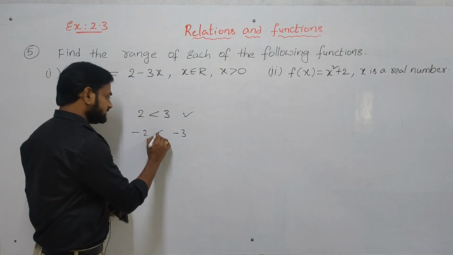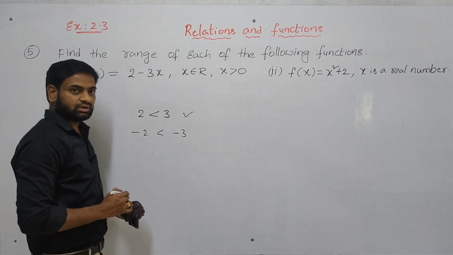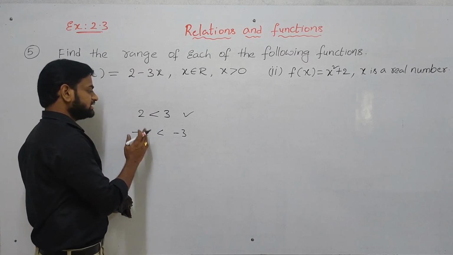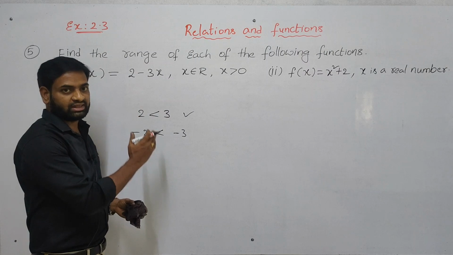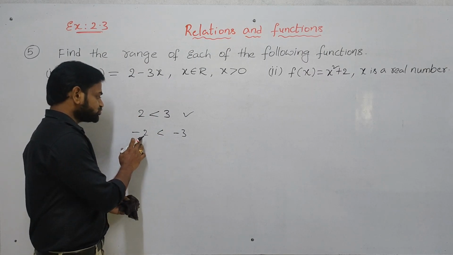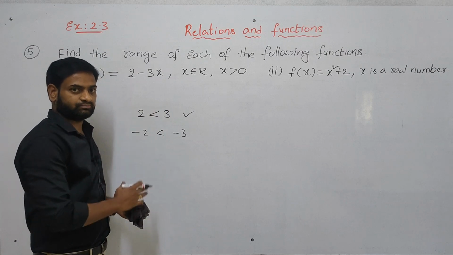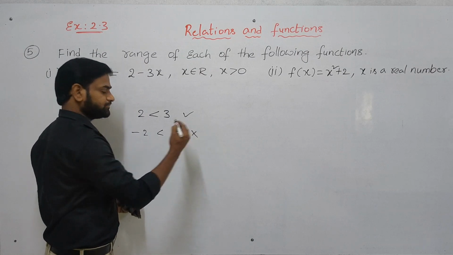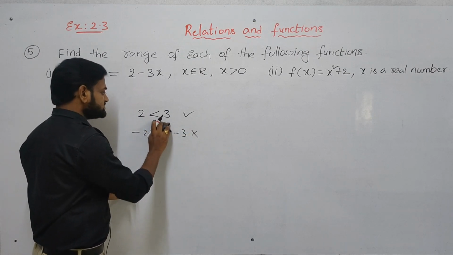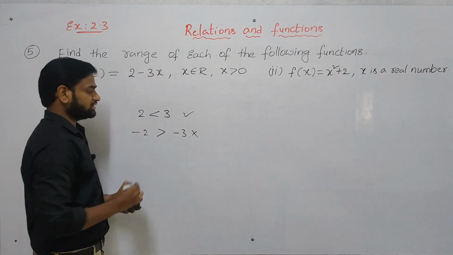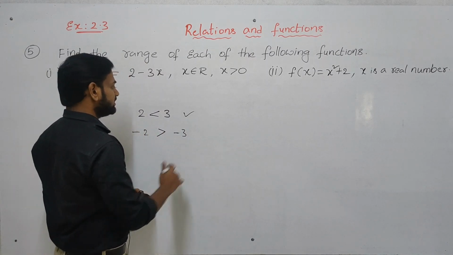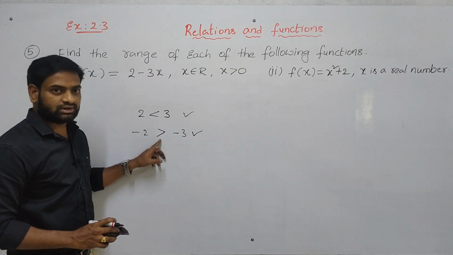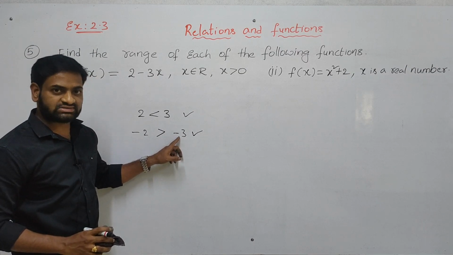Now here, if you write less than, it is wrong, because minus 2 is a greater value than minus 3. Minus 3 is the lesser value. So if we write this one, it is wrong. So we have to change the sign. It is greater than, then it will be correct. Minus 2 is greater than minus 3.